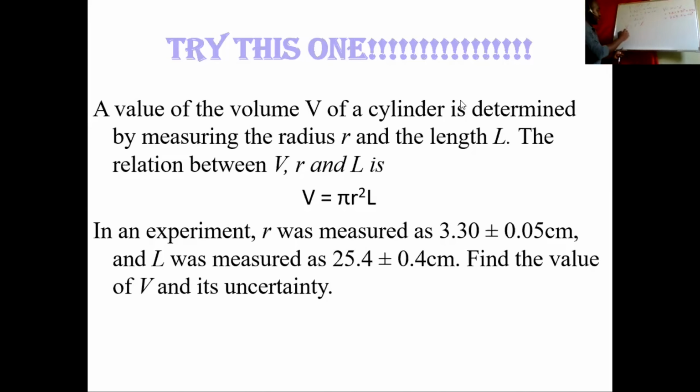So now we can find the uncertainty in the volume. So it's the uncertainty in volume over the value of the volume, with the value you got, 868.54.